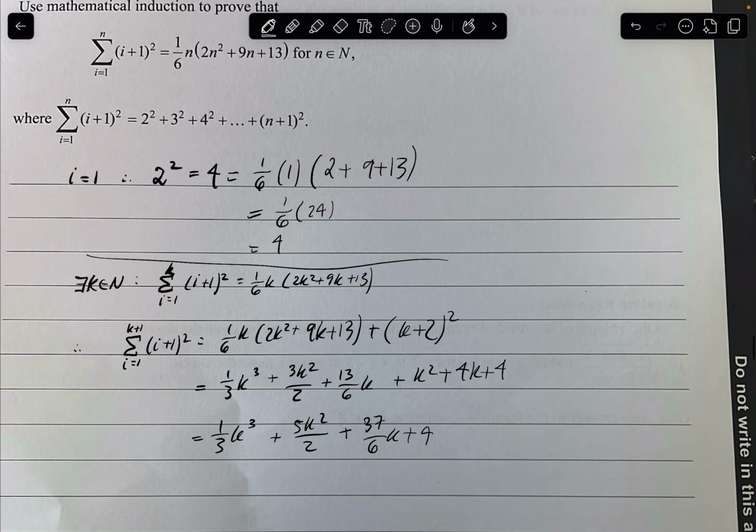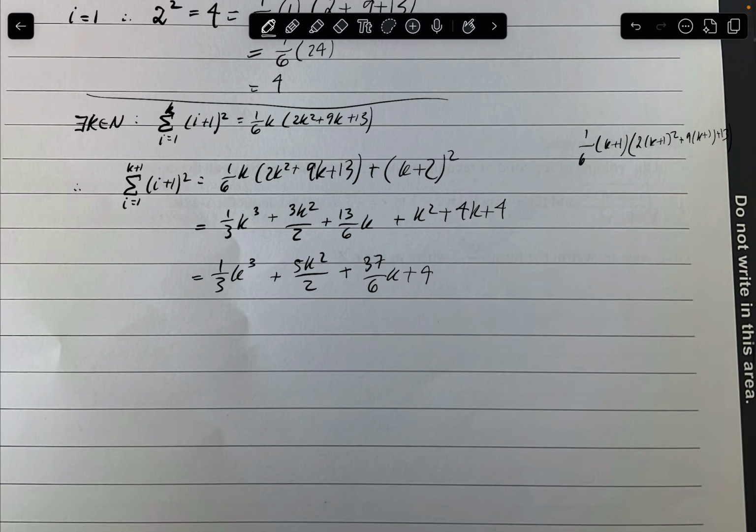We want to end up with 1 over 6 k plus 1, and then 2k plus 1 squared plus 9k plus 1 plus 13.